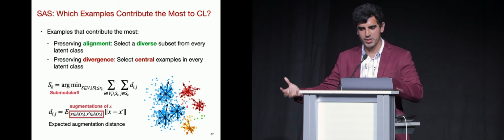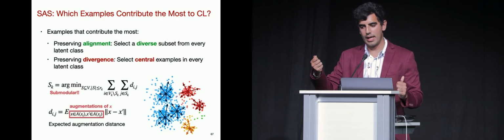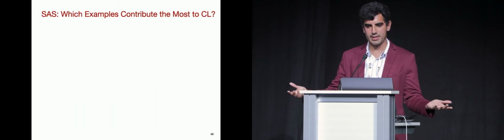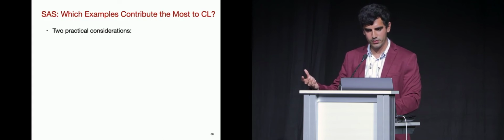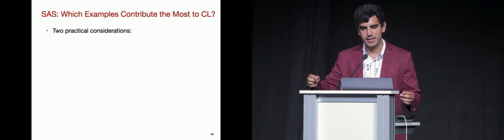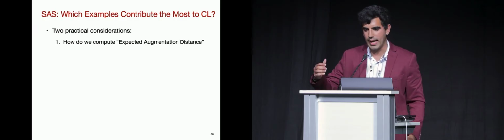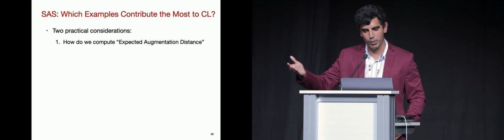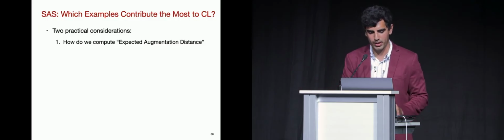We're going to preserve the center, and we're also making sure that we always have examples in our selected set that are similar to our unselected set in terms of expected augmentation distance. And Dij again is the expected augmentation distance. And again, this is some sort of set function, and we know that this is also submodular, like we prove in our paper. So again, the same benefits of submodularity come into play.